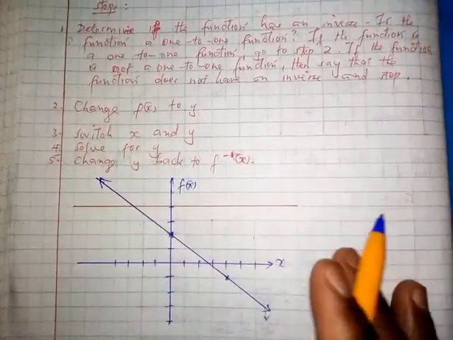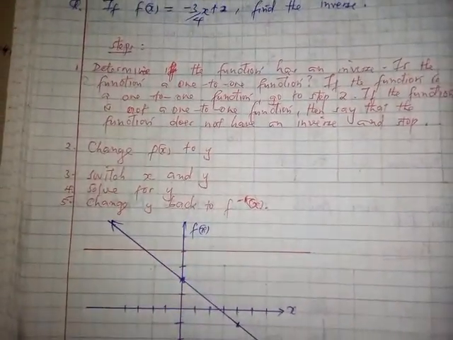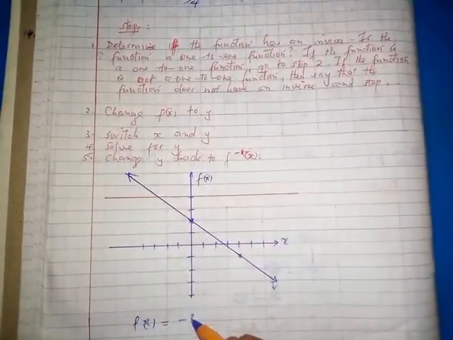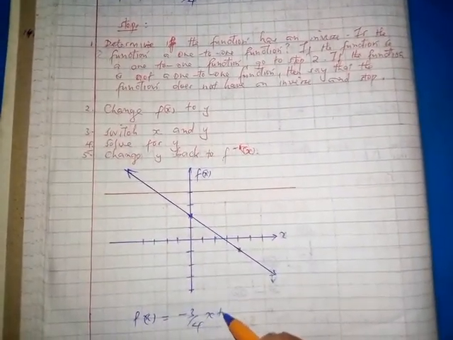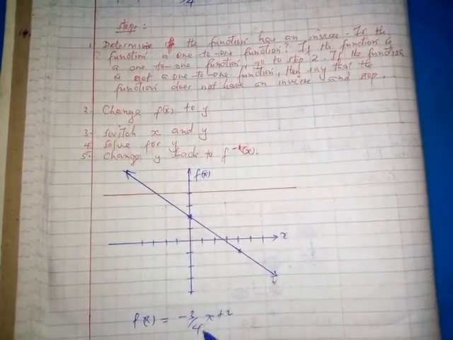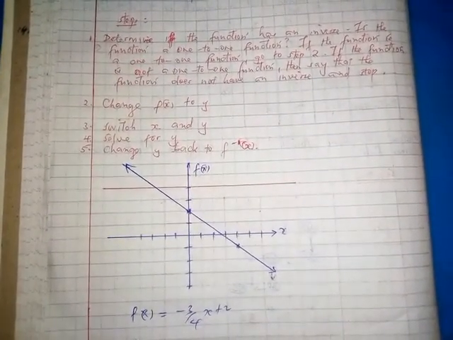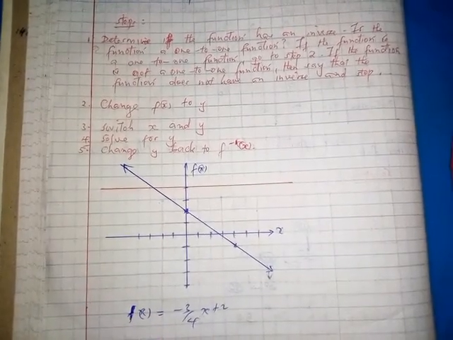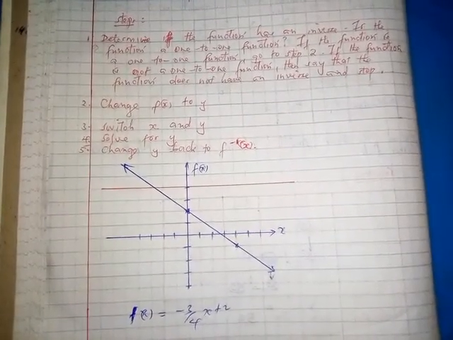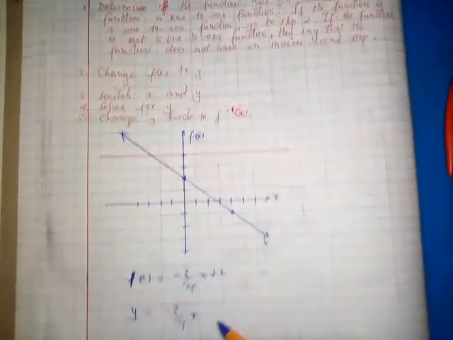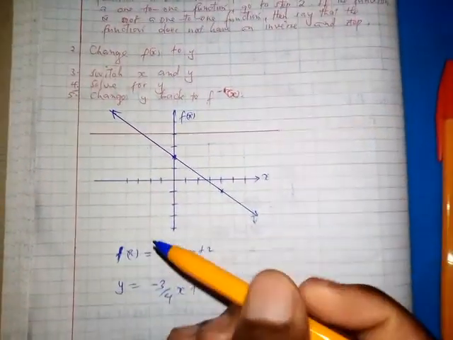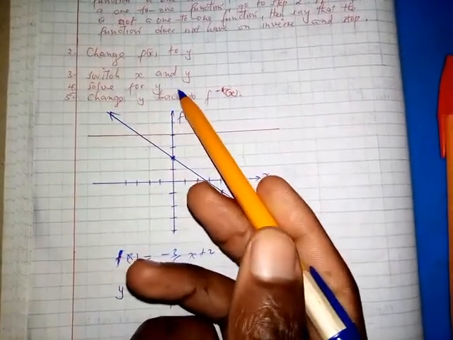The second step is to change f(x) to y. F(x), remember, is equal to negative 3 over 4 x plus 2. So where there's f(x), we substitute y. y is equal to negative 3 over 4 x plus 2. Then the third step, switch x and y.